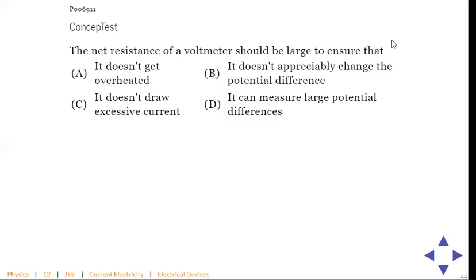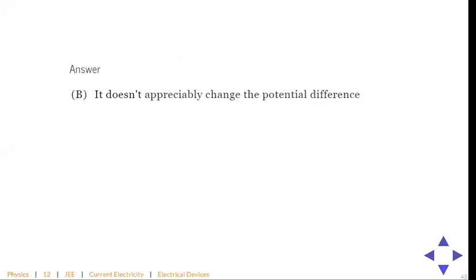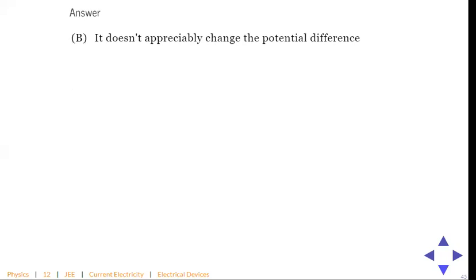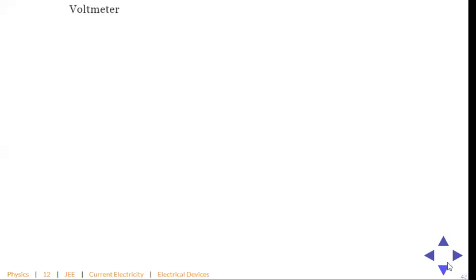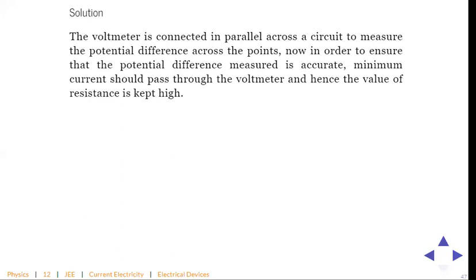Very good, Abhiram. Everyone think about it. Correct. So the answer is B. It doesn't appreciably change the potential difference. Easy enough. Voltmeter concept, same question, same concept. Yes, very good. Okay, so we are done with this.